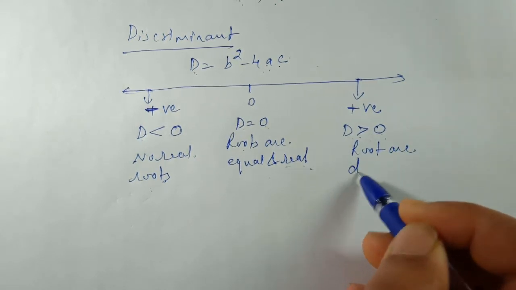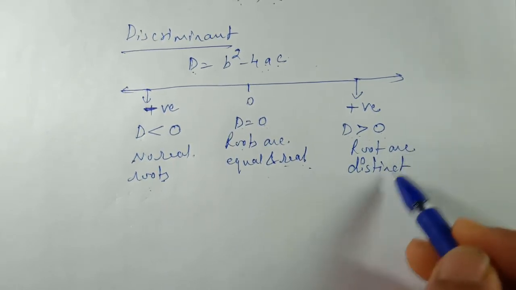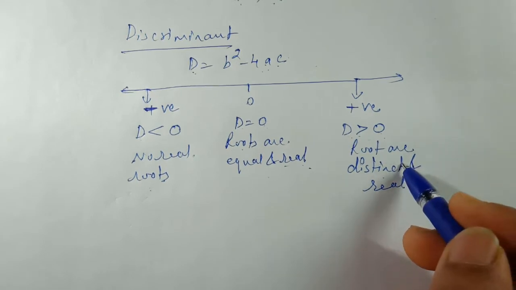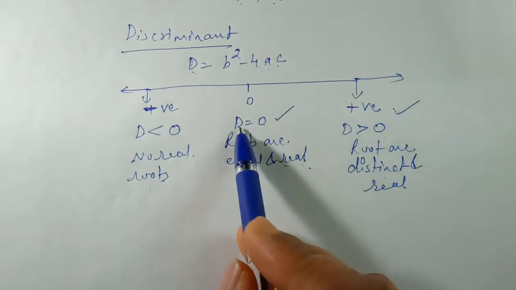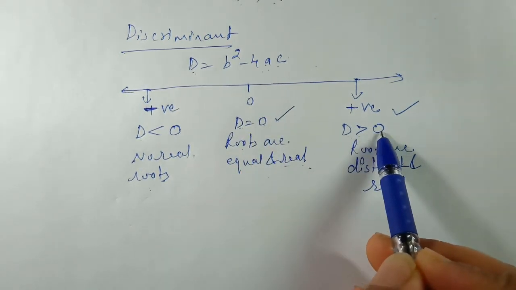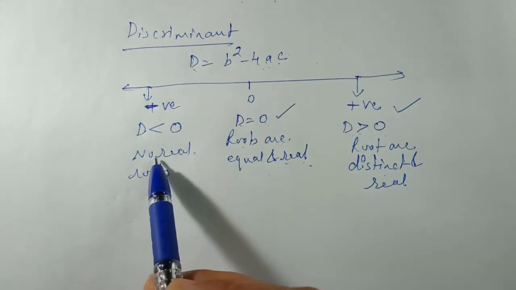For different, the word used is distinct. Distinct means different. Roots are distinct and real. Real means real numbers. So roots are possible for only two conditions: if D is equal to 0 or D is greater than 0, meaning a positive number. For negative there are no real roots.